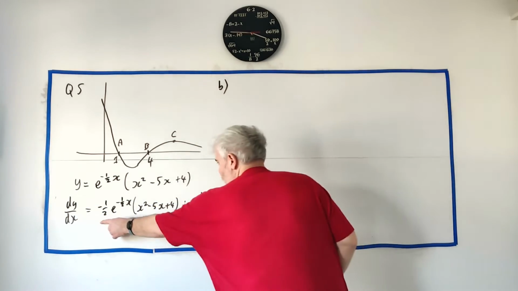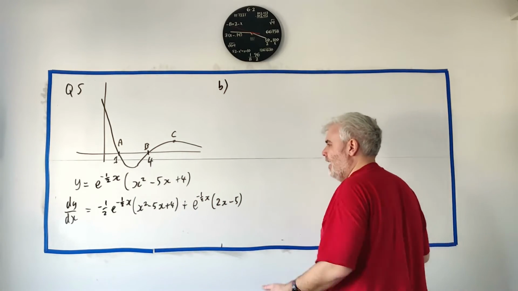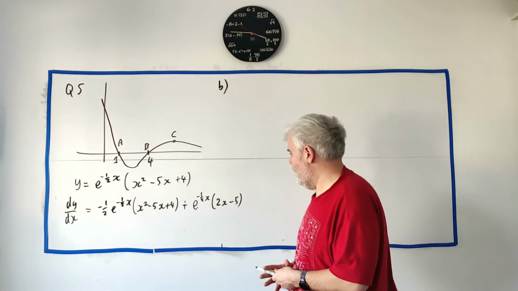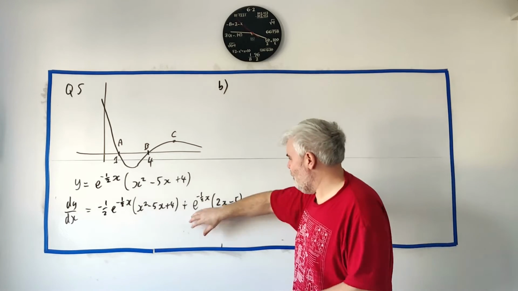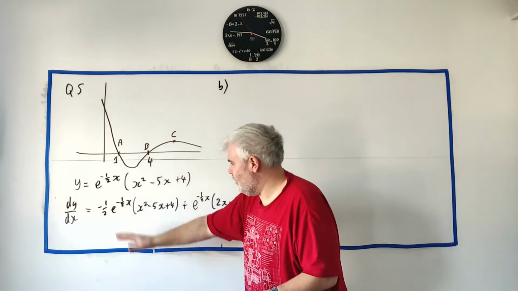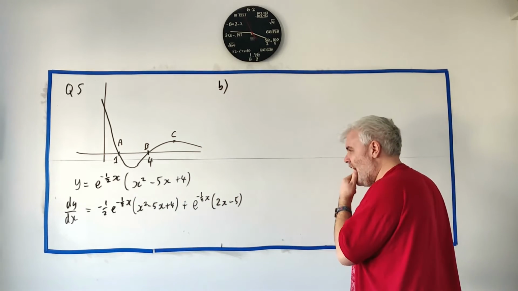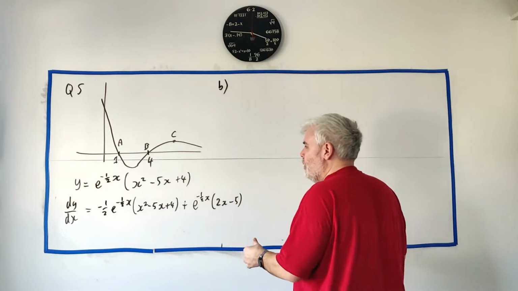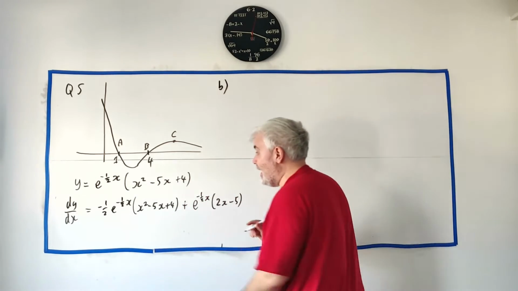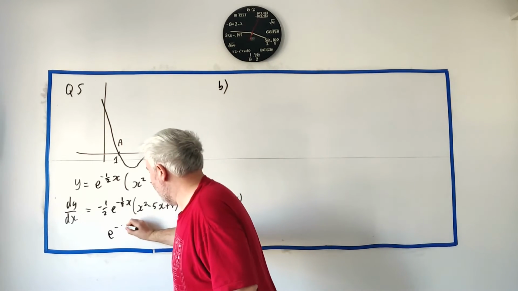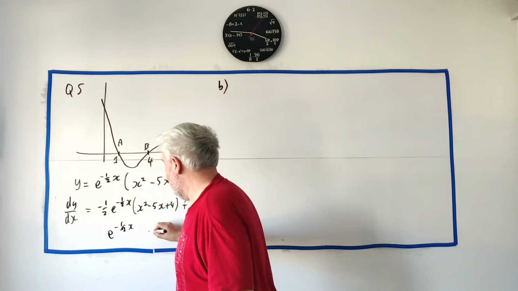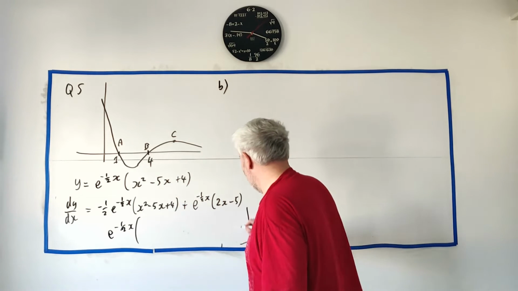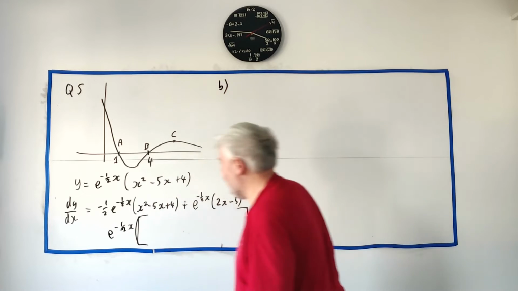So this guy here will equal 0. If you ever have something equal 0, you can go ahead and do it now and move things around, cancel things out. Actually, let's do it that way. Take e to the minus half x out of both sides. Let's put in a big bracket like that.